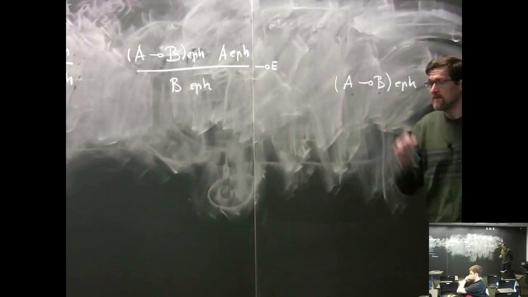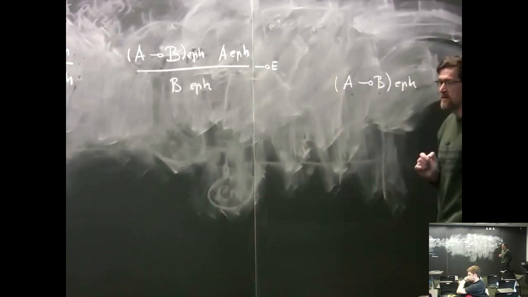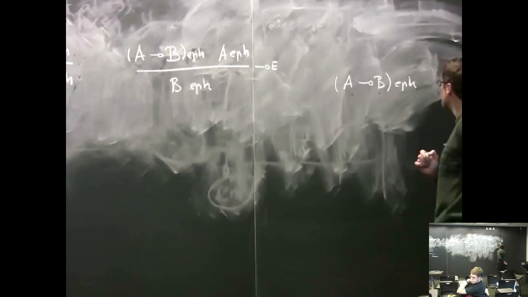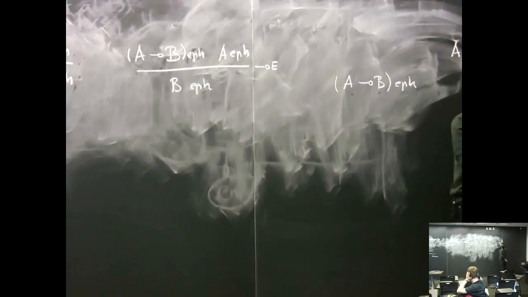Yeah? Well, if we assume A ephemeral and can prove B ephemeral. So if we assume A ephemeral, and from that somehow we can prove B ephemeral. There's another way to express this in the vocabulary that we introduced in the last lecture. If A ephemeral, horizontal line B ephemeral is a derived rule.